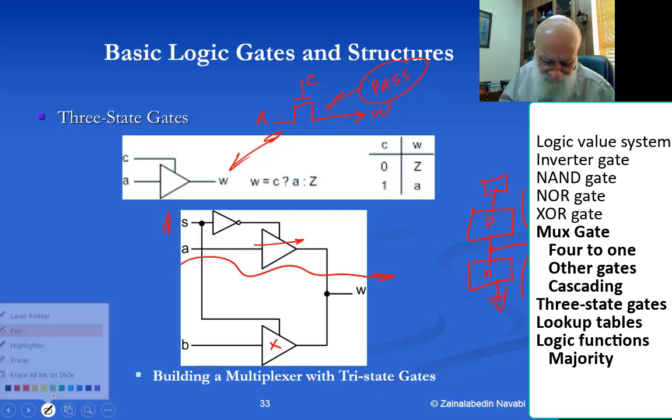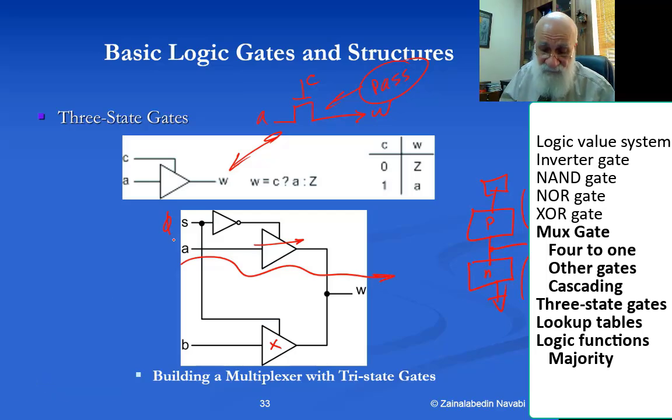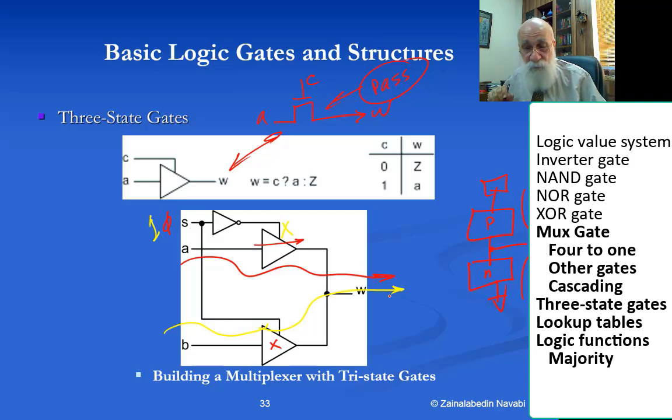On the other hand, if S is 1, because the inverter output becomes a 0, this upper transistor will not be conducting, but because S is 1, the lower tri-state gate will be conducting, and therefore the output becomes what is on B.